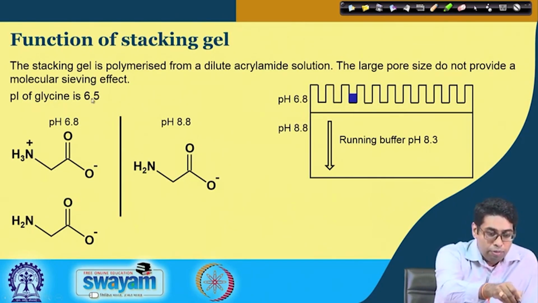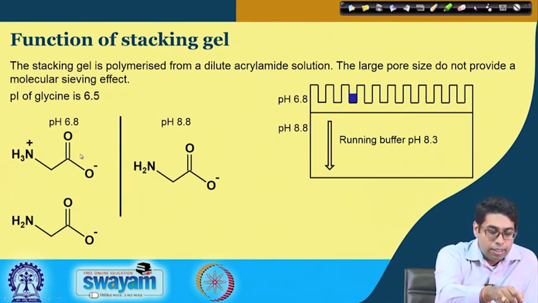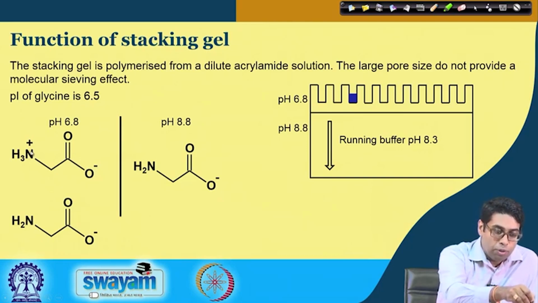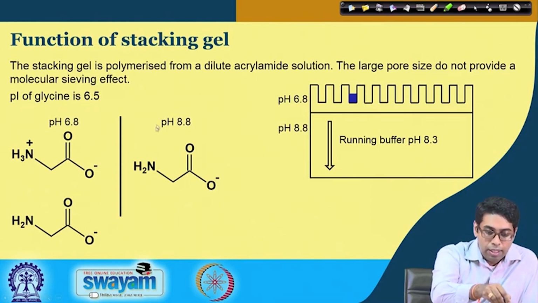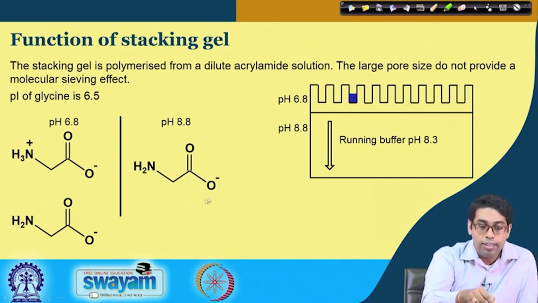It has a pI of 6.5. So, at pH 6.8, which is very close to its pI, glycine stays in these two different forms. This one is the zwitterionic form, where the carboxylic group is negatively charged and the amino group is positively charged. So, it is neutral, and a small portion of the glycine will be negatively charged. But in the resolving gel, where the pH is high, 8.8, almost all glycine will be negatively charged.